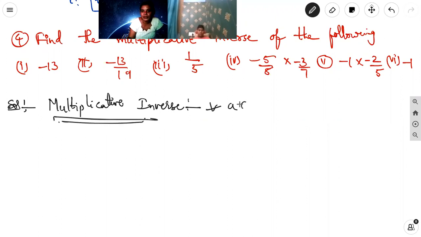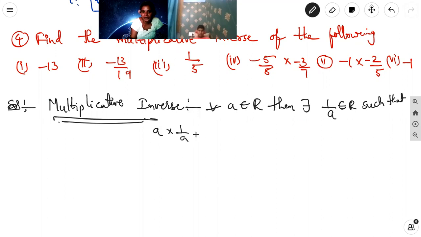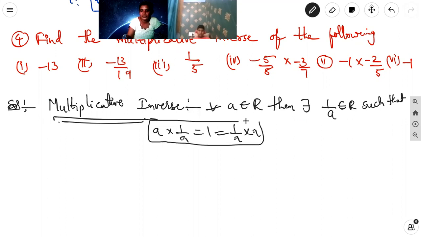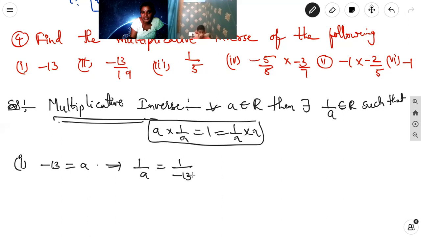For all A belonging to capital R, there exists a multiplicative inverse 1 by A belonging to R such that A into 1 by A equals 1 equals 1 by A into A. This is the property of the multiplicative inverse. Now we discuss the following numbers. Minus 13 equals A. So what is 1 by A? 1 by A equals 1 by minus 13, that should be minus 1 by 13.